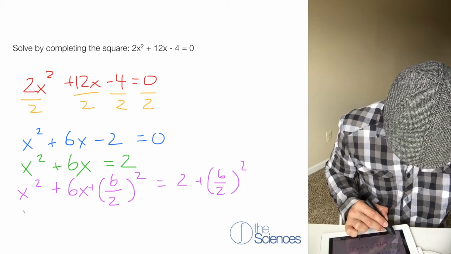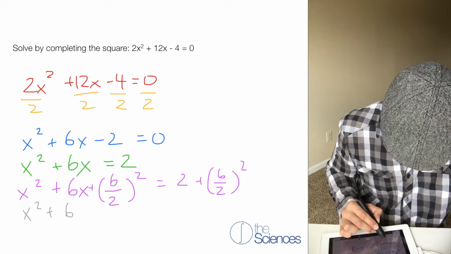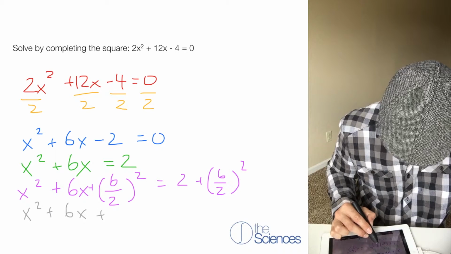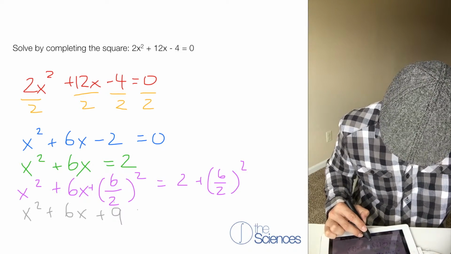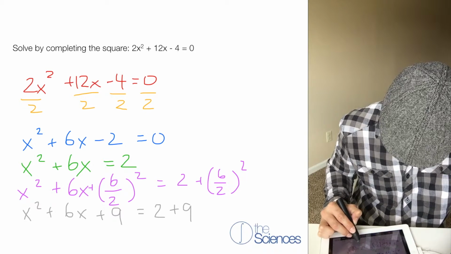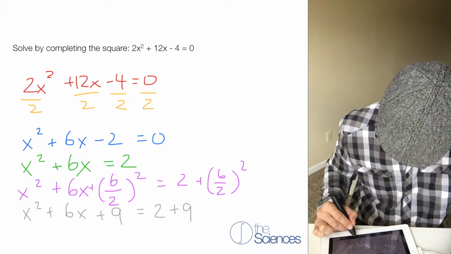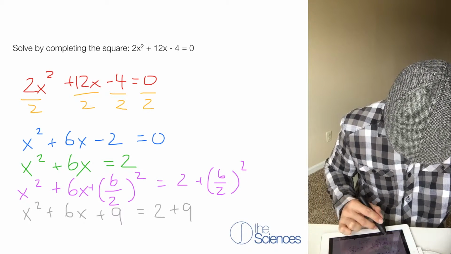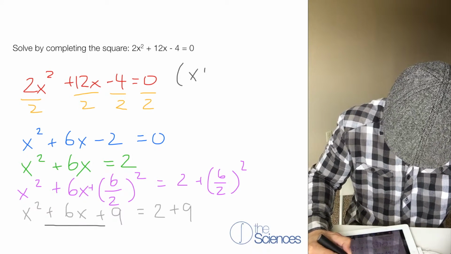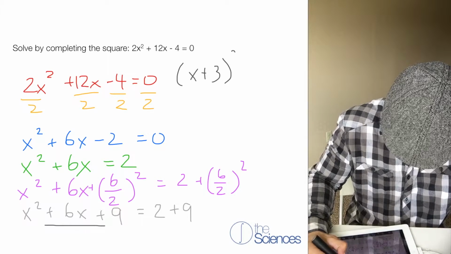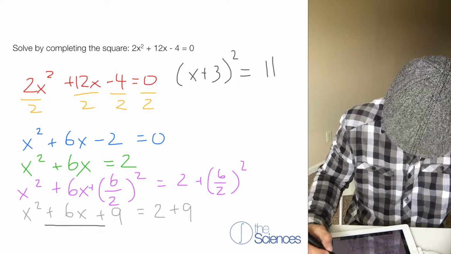So now we have x squared plus 6x plus 6 divided by 2, which is 3, squared, which is 9. So we have 2 plus 9. Now we have the perfect square x plus 3 squared equals 11.